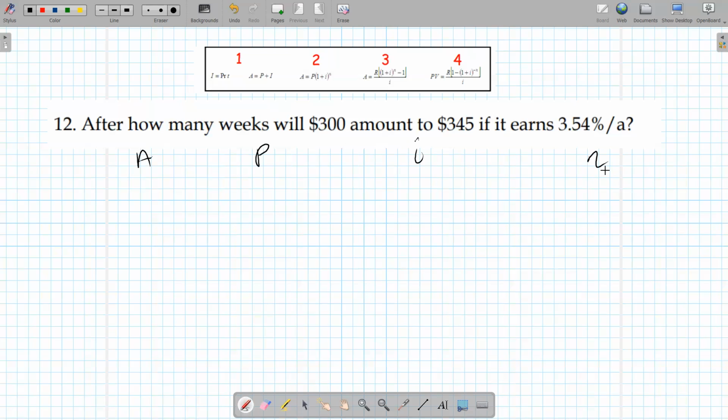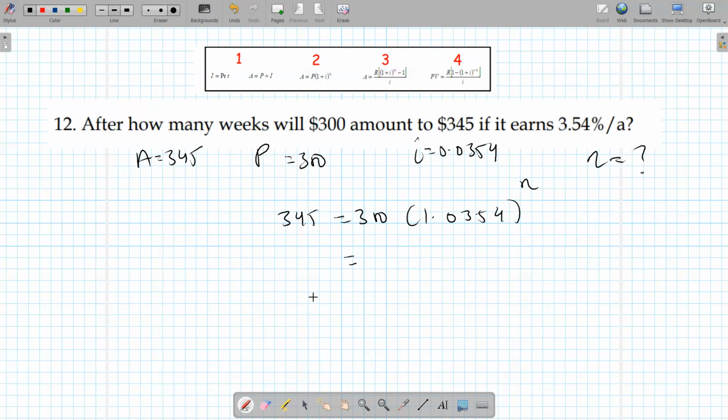So what do we know here? A is 345. P is 300. I is 0.0354. And N is unknown. Right, so let's set this up. So 345 is equal to 300 times 1.0354 to the power of n.